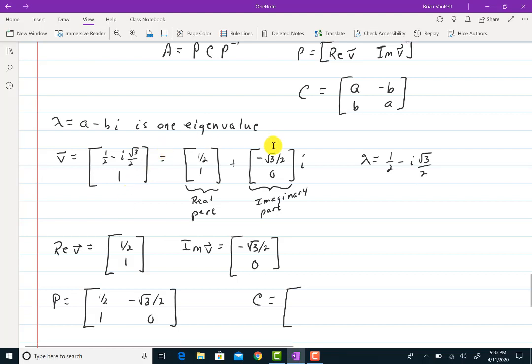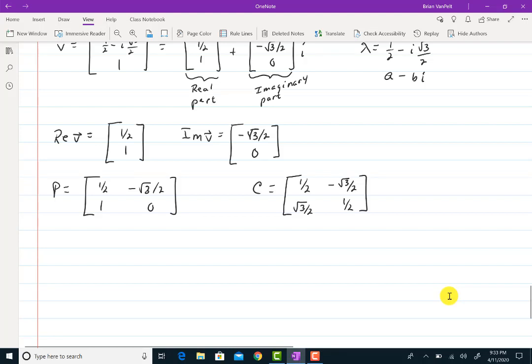So the A, when I look at A minus B times I, the B is radical 3/2. So the A is 1/2. So I'll have a 1/2. Then I'll have negative radical 3/2. Then I'll have a positive radical 3/2. And then A again, I'll have 1/2.